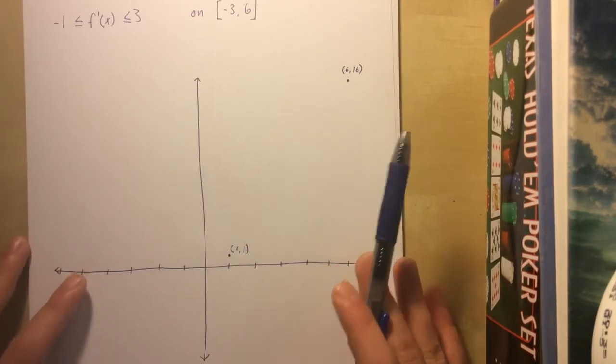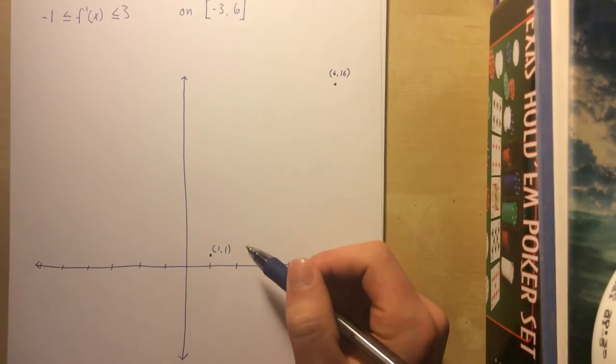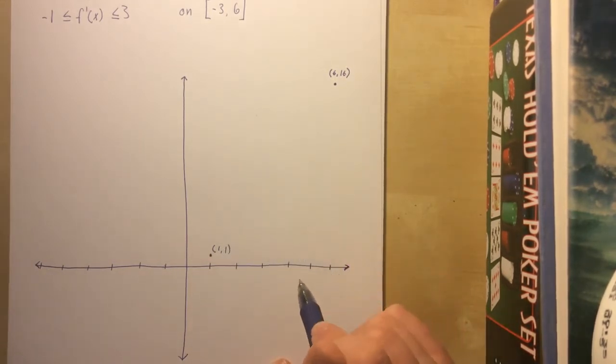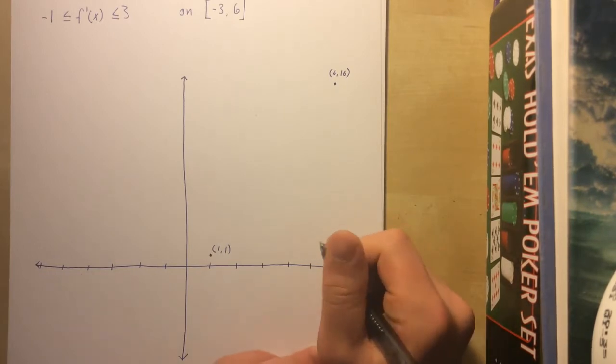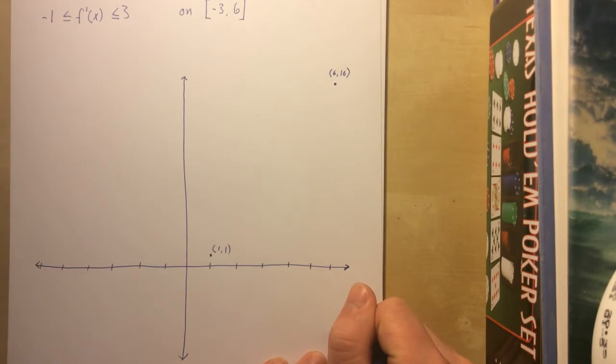So we just multiply the derivative by 5, and that's the change in y. Since we're starting at a y value of 1 and going down 5 units, that gives us a y value of -4, since 1 minus 5 is -4. That's going to be somewhere over here, and that point is (6, -4).